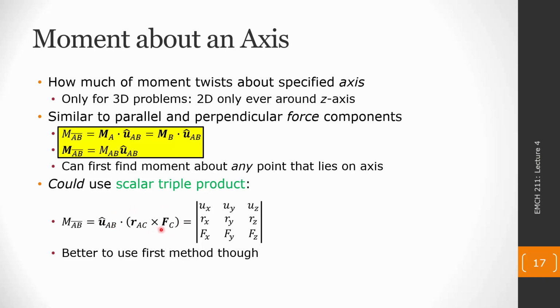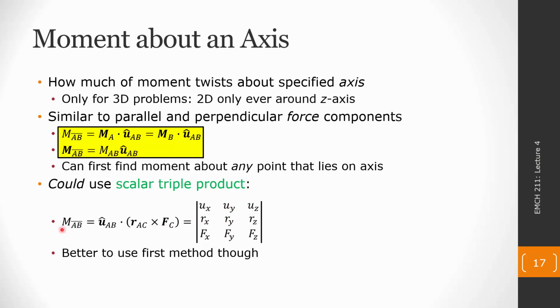And then we would get this cross product calculation. So notice it is different than when we take the moment around a point. We don't have i, j, and k up in the first row here. We have the components Ux, Uy, Uz of our unit vector instead. So when we do this cross product, we don't have a vector i, j, k, and then the output is not a vector, but it's a scalar quantity.